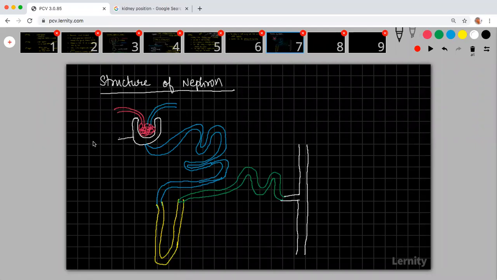We call this the Bowman's capsule. Okay, and then this is what we call glomerulus. This one we call proximal convoluted tubule.